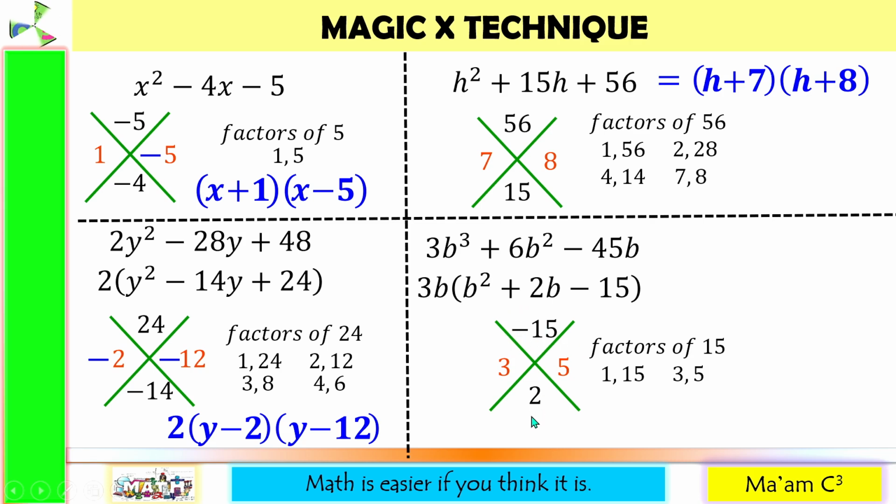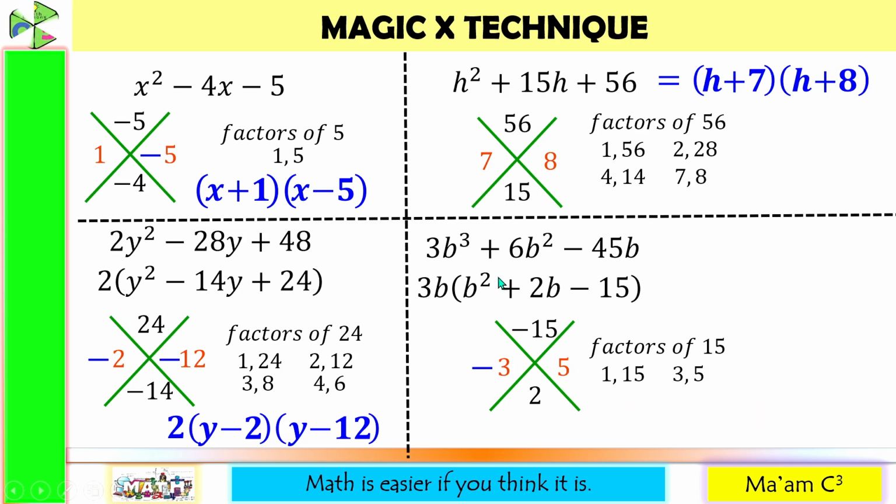Now, take a look at the bottom number. It is positive. So, the bigger number should be positive. It means 3 is the negative number. Quick check. Negative 3 times 5 is negative 15. Negative 3 plus 5 is positive 2. So our factors are correct.